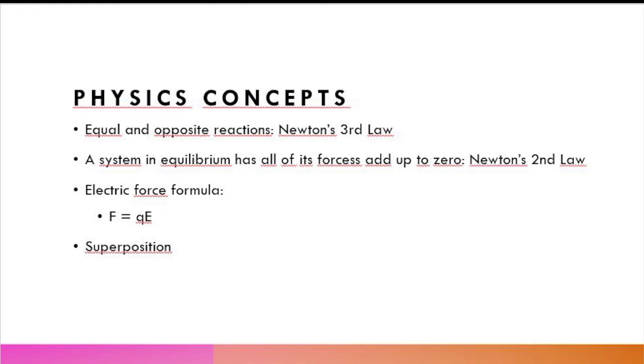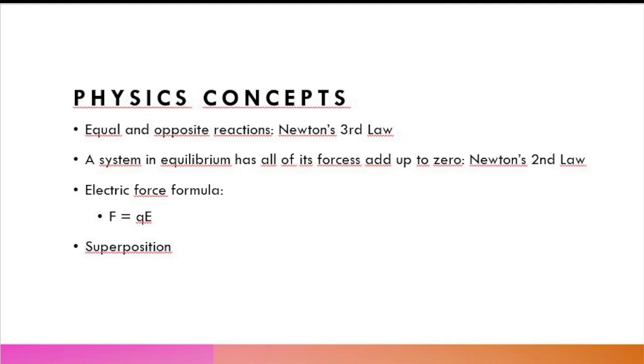For the physics concepts, first we have Newton's third law, which is equal and opposite reactions. We can see this from the charges of the two tapes. The two tapes basically exerted the same amount of force on each other.